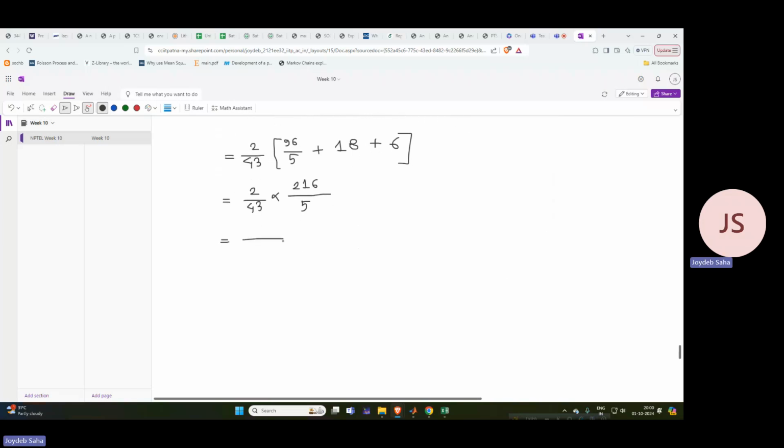Simply it is 432 upon 215, near about 2.